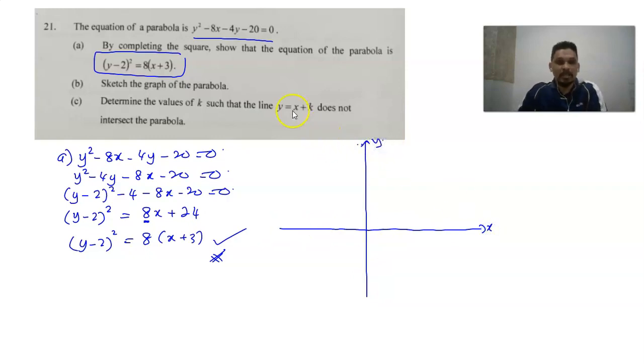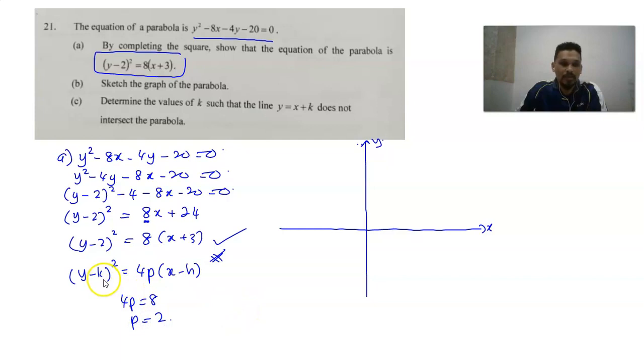Okay, sketch the graph of the parabola for this one here now. (y minus k) squared equals 4p(x minus h), and 4p equals 8, so p equals 2, positive.